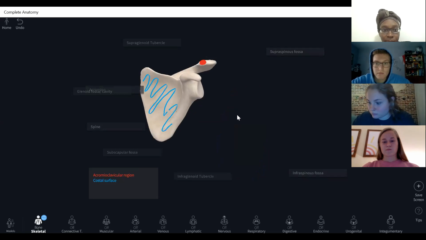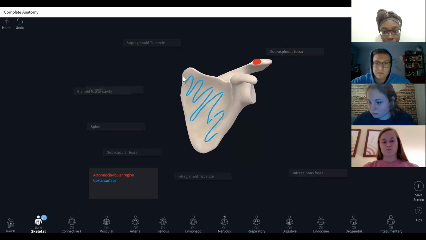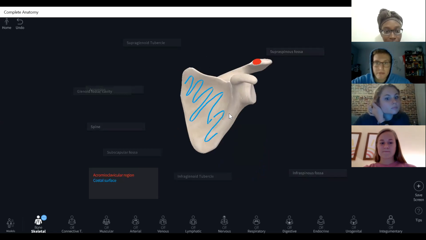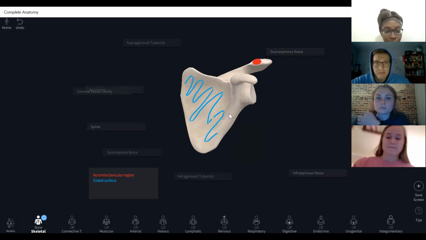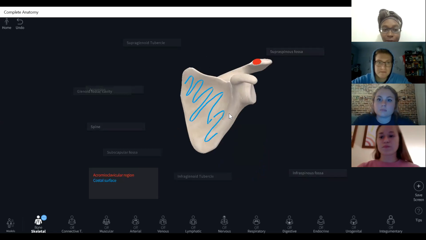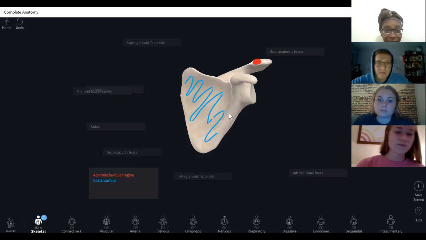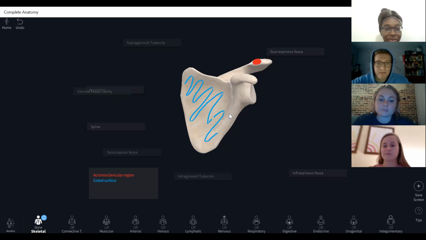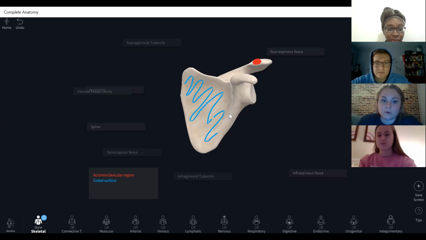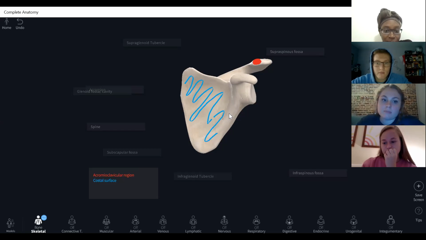So if we turn back around to the anterior view of our scapula, what would this fossa be? It is a fossa because fossa means what? What does fossa mean? Like a hole or big, large space. Not a hole. A hole would be more like a foramen.